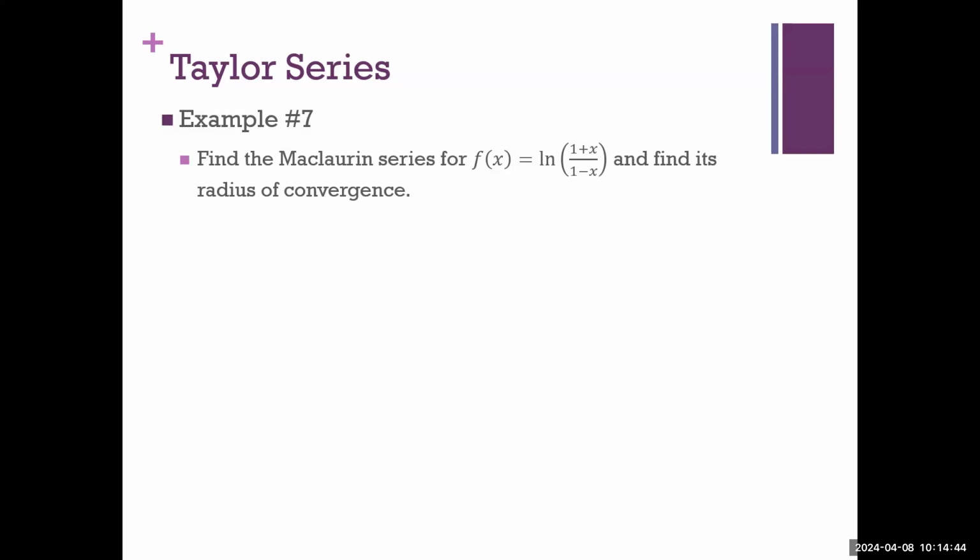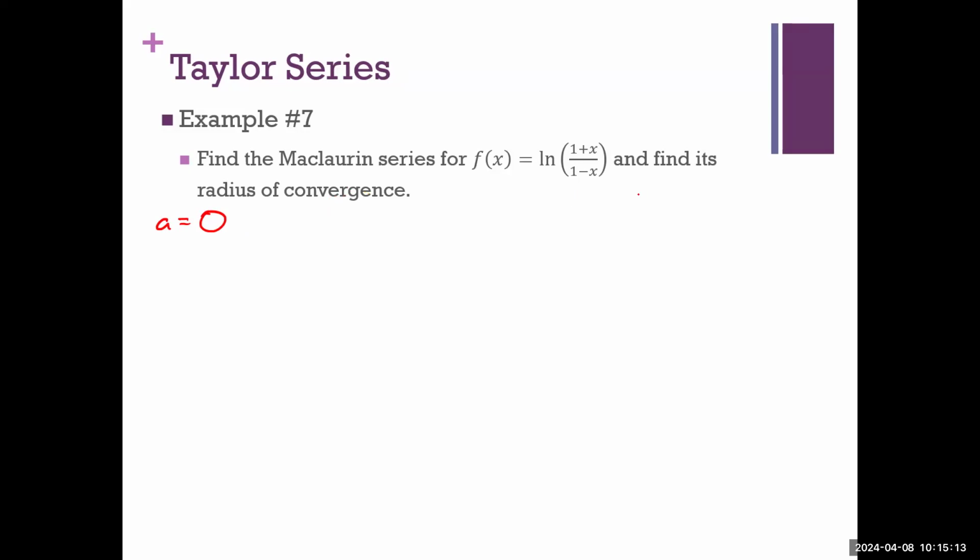We've forgotten? What's a Maclaurin series? Centered at 0. Okay, that's part of it. So we have this piece of data: we know that a equals 0. Beyond that, how do I build this thing? Okay, I have to find some derivatives.